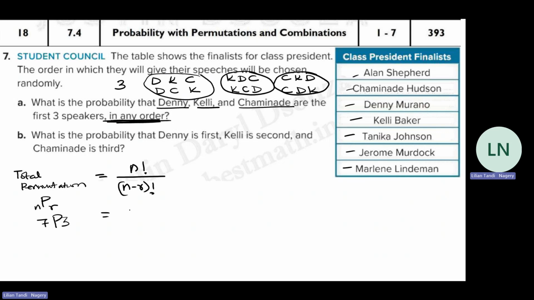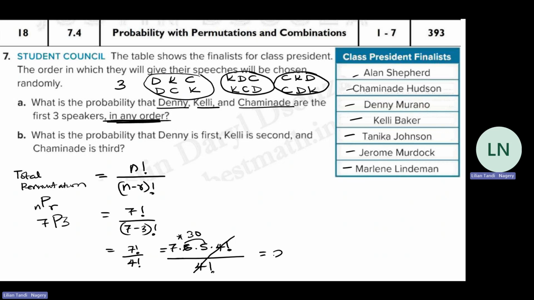N factorial is 7 factorial over 7 minus 3 factorial. This becomes 7 factorial over 4 factorial. Each of them has a factorial: 7, 6, 5, 4 factorial over 4 factorial. This goes away, then you're left with 7 times 6 times 5, which is 30, and 7 times 30 is 210. So this is 210 total permutations.